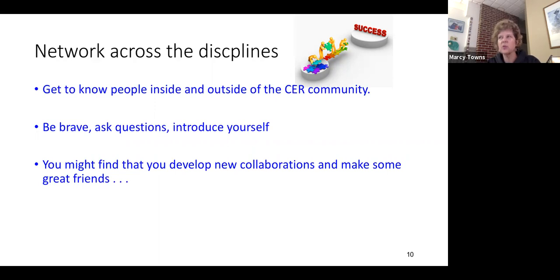On your own campus, you can have people outside of chemistry who are interested in mathematics education research, biology education research, physics education research. But you can also get to know people on other campuses and in broader communities. And what I would say is be brave, ask questions, and introduce yourself.